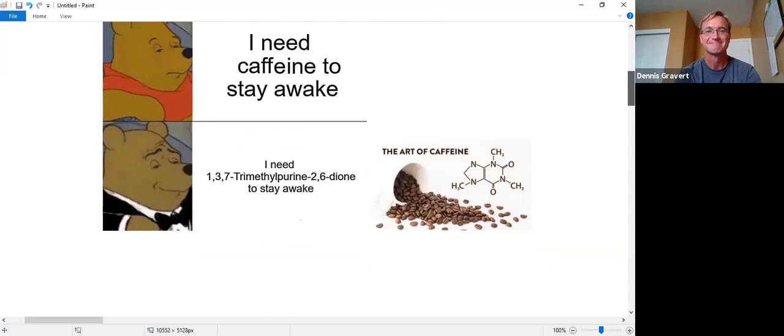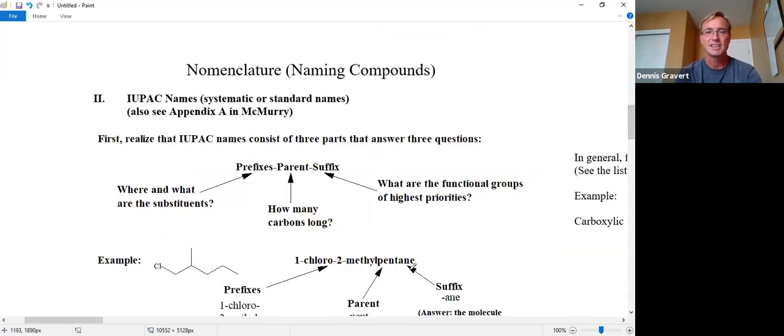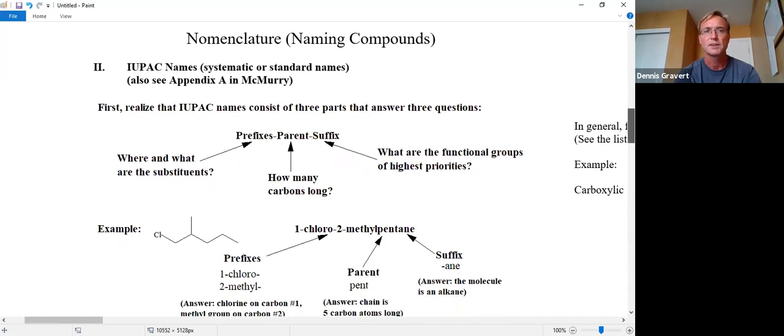Okay, here's the little excerpt from the other handout called Nomenclature or Naming Organic Compounds on Canvas. It's a quick little breakdown on what consists of an IUPAC or standardized name. This is pretty good. Right here, there are 3 parts.